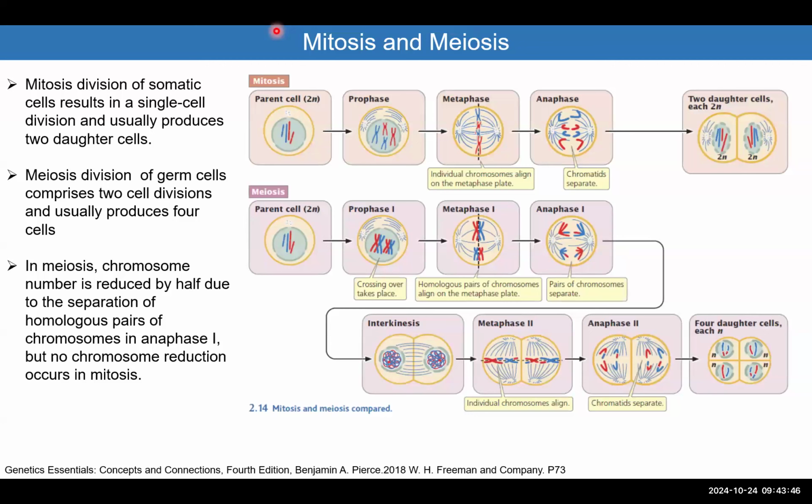Now, mitosis happens in somatic cells, so every cell that is not a gamete, and meiosis happens only in sex cells, or gametes. In other words, mitosis ends up producing 2 fully functional copies of the same cell. This happens in your skin, in your intestine, and everywhere. While meiosis happens only in the sperm and in the egg.